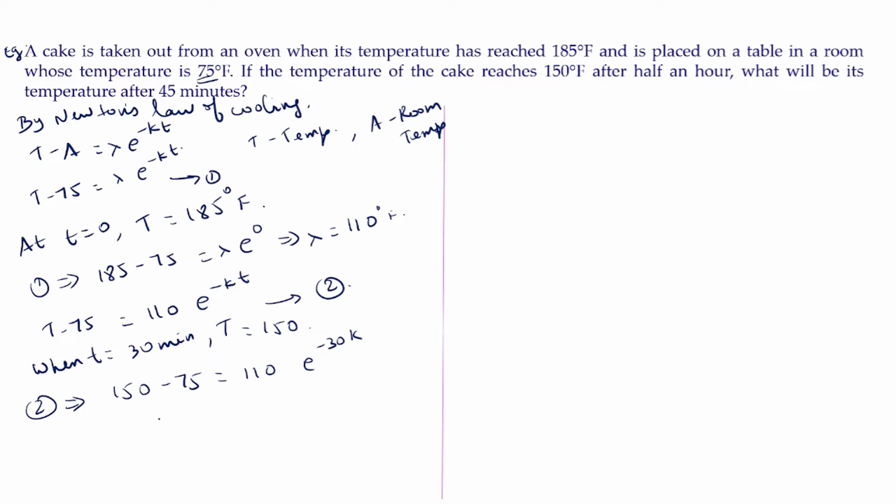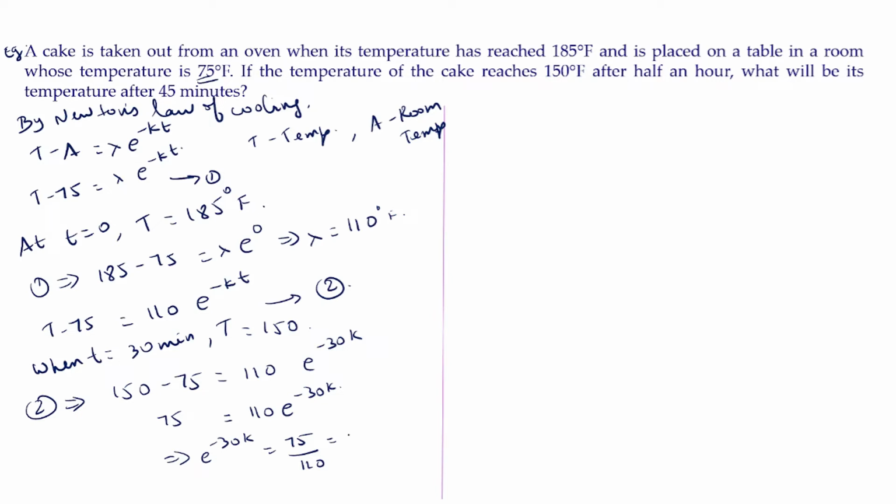So, 150 minus 75 is 75. So, 75 equal to 110 into e raised to minus 30k, or from this we have e raised to minus 30k equal to 75 upon 110.